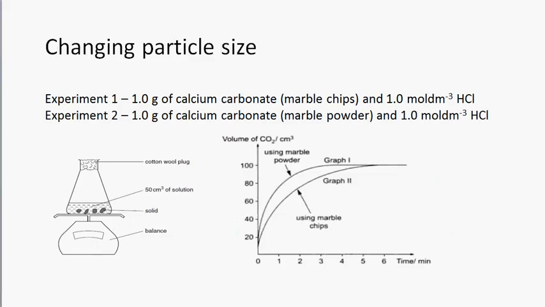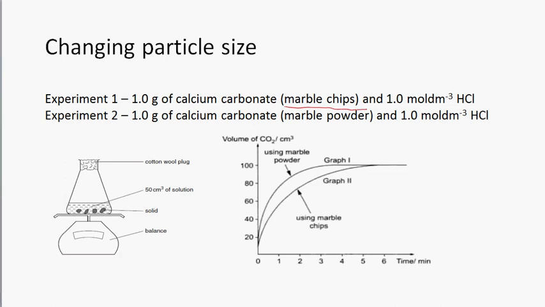So let's look at it graphically again. We have two experiments here. In the first one, we have 1 gram of calcium carbonate and 1 mole per dm cube hydrochloric acid. But in this case, we are using marble chips.